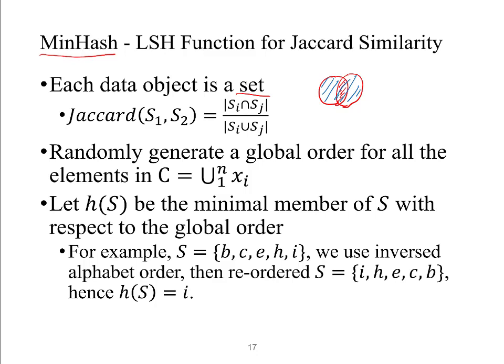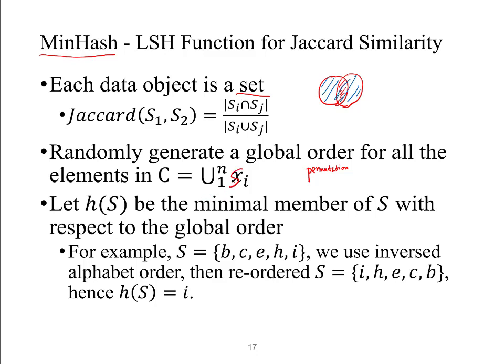Now the LSH function for Jaccard similarity: we randomly generate a global order of permutations for all the elements in the union of all the sets in the data set.